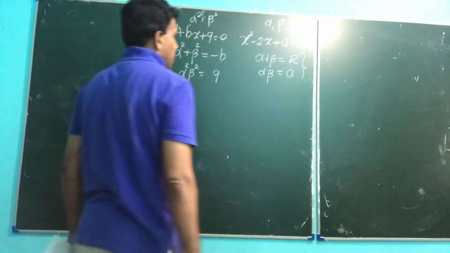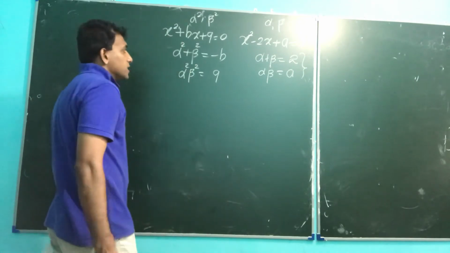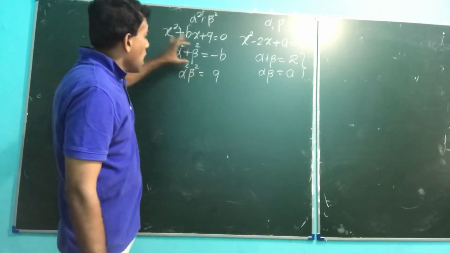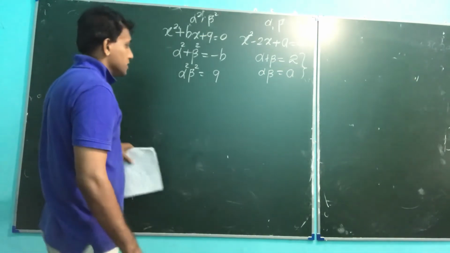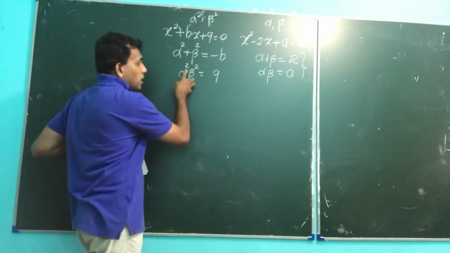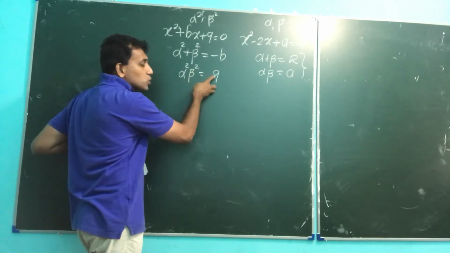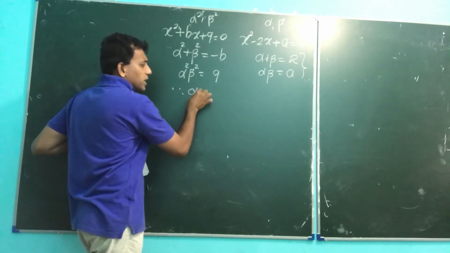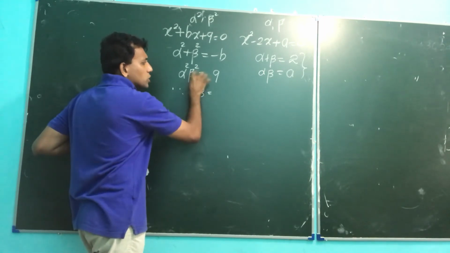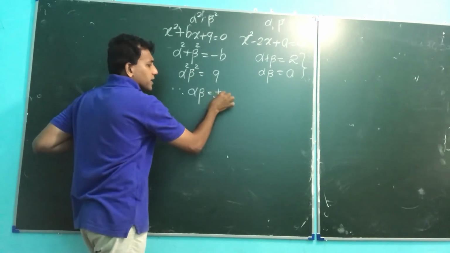Alright, find the B answer. What is the B answer? Alpha square plus beta square. See here, alpha square beta square is 9. Therefore, what is alpha beta? What is the alpha beta value? Square root. Don't say 3.